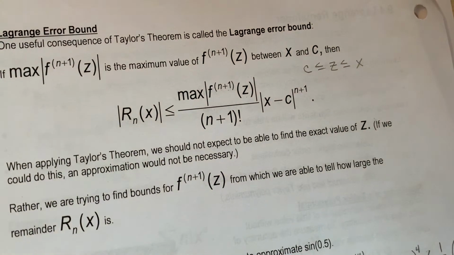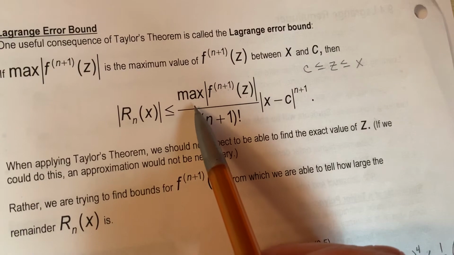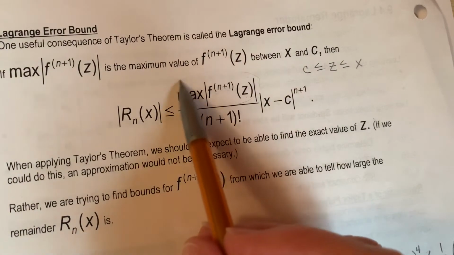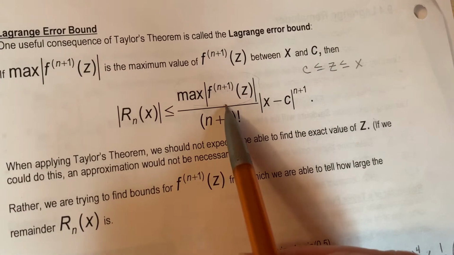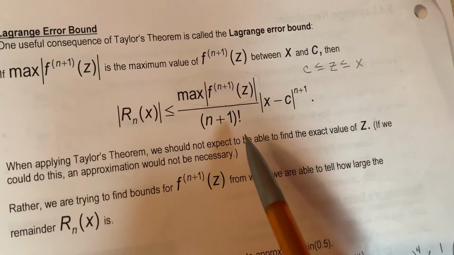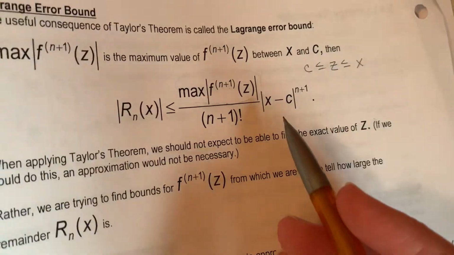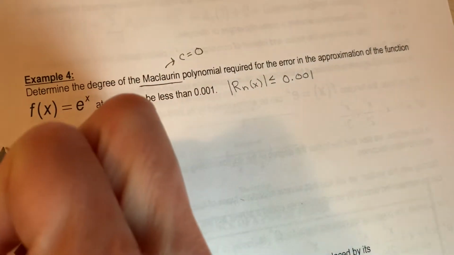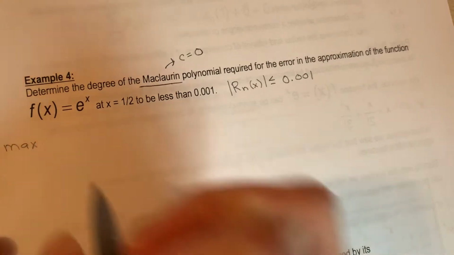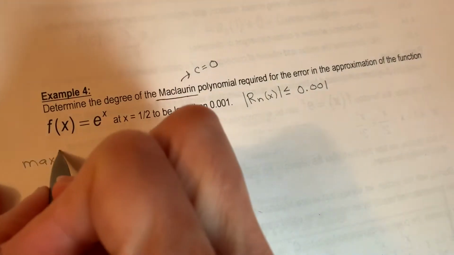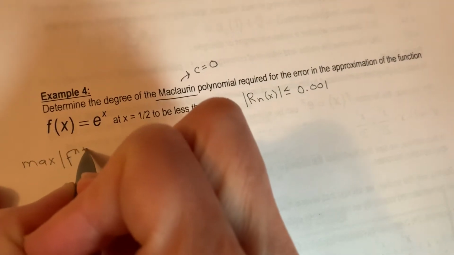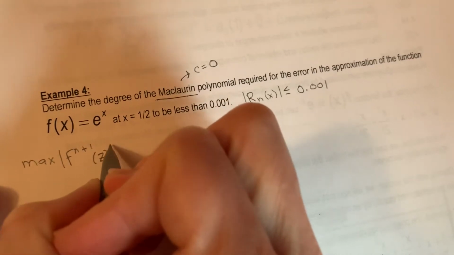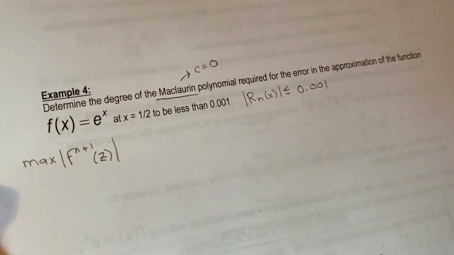I usually start these problems with this part, because once you figure out something about this part, the rest is not too bad to plug in. So what I'm looking at right now is just the max of the absolute value of f of n plus 1 of z.